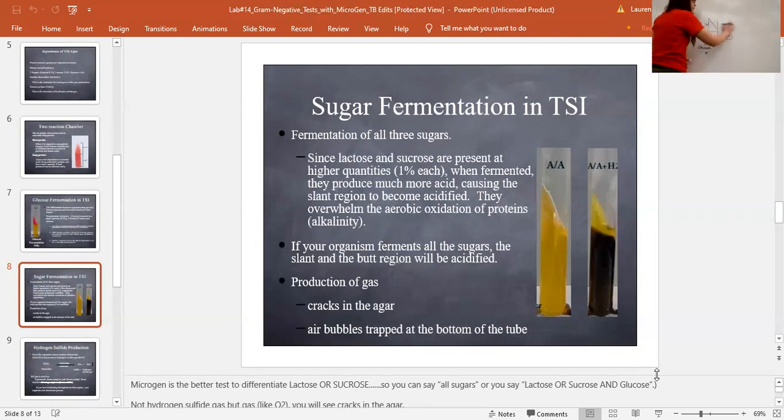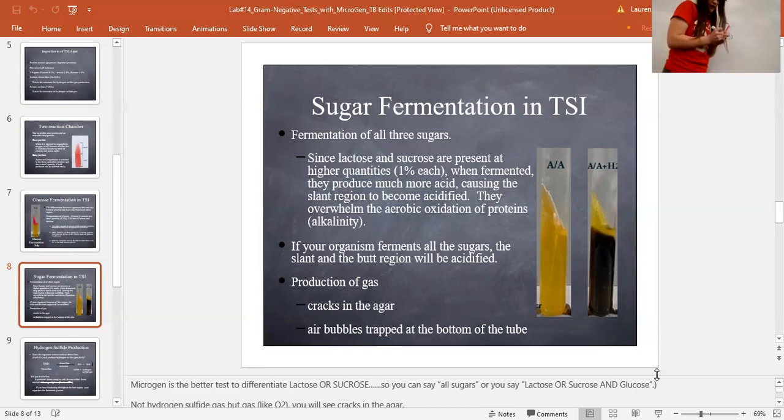And then this writing would change to AK. When we see that there is no reaction, no change, or it becomes more alkaline, that means that it's going to either not prefer to do sugar at all, or if this becomes yellow, in this example, it's going to prefer these two sugars over glucose.